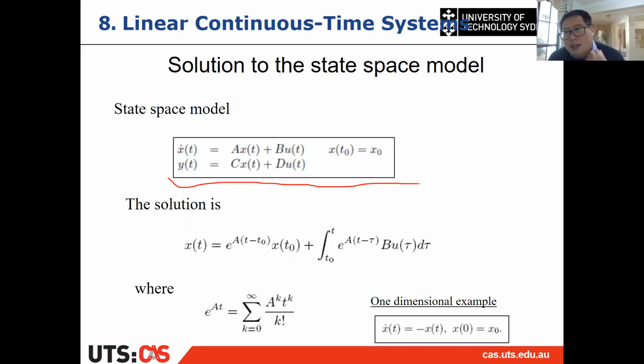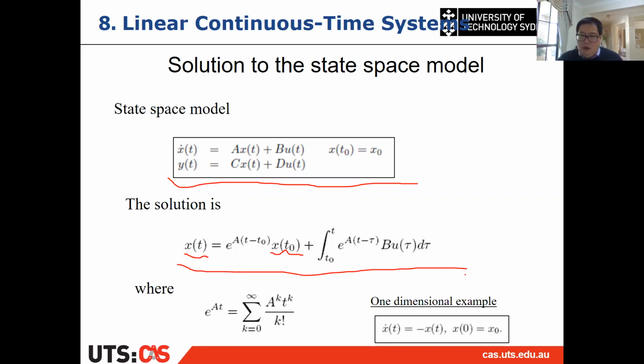Right, so this is the general formulation of the state space model, and we introduced the solution of the model of the system. The solution of the system means if you know the initial state, then you can calculate the state at any time by using that equation, right? So that is the equation of the solution.